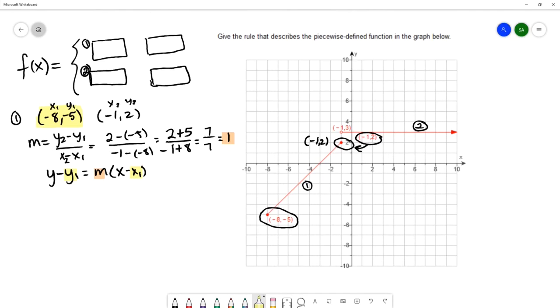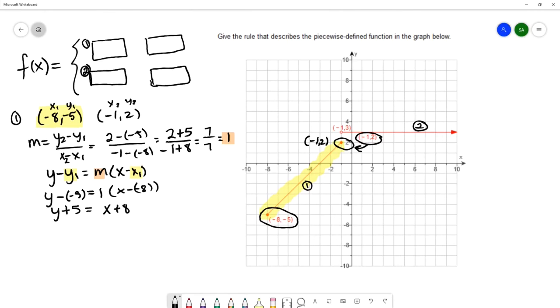It can be any point that you see on this line. So I'll use negative 8, negative 5. It's y minus negative 5 equals 1 times x minus negative 8. And that simplifies to be y plus 5 equals x plus 8.